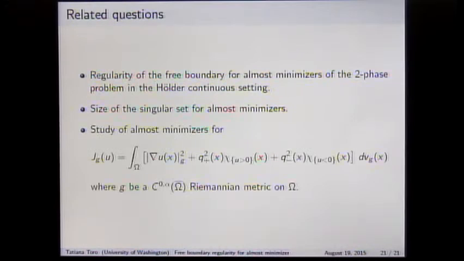So what happened was the following. When Manolis arrived, Manolis had done his PhD with Yanis, he had spent some time with Liz, he had looked at other free boundary problems, the thin obstacle problem. He came and I said, oh, why don't you learn this? What you should do is look at Alt-Caffarelli, put in here a Riemannian metric, which is C0 alpha, and let's do exactly the same thing.